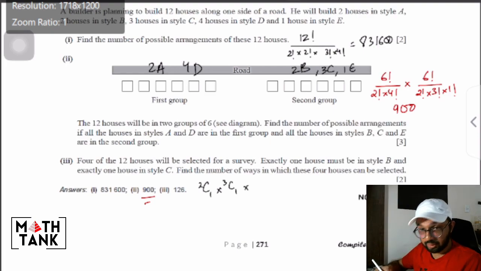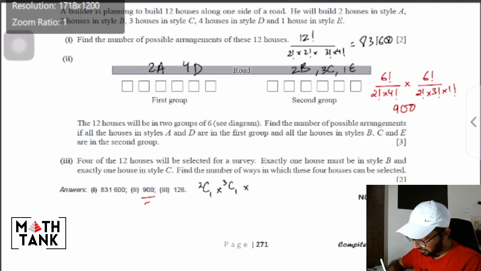I had a total of 12 houses, 2 of them got selected, and the remaining could be any of the houses, excluding the B's and the C's. Why? Because I needed exactly 1 B and exactly 1 C. So 5 of the houses got eliminated.